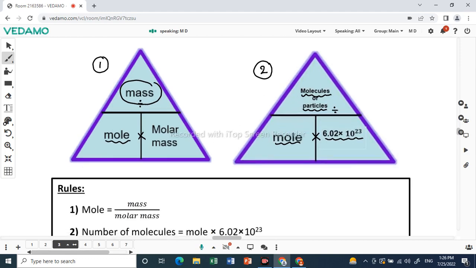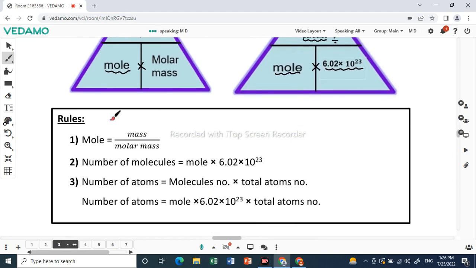As a small summary, we have inside this triangle the main rules that we will be using while applying on some past paper questions. Of course, the first one, mole equals mass divided over the molar mass. Number 2, number of molecules or particles will equal the mole number multiplied by Avogadro's constant.